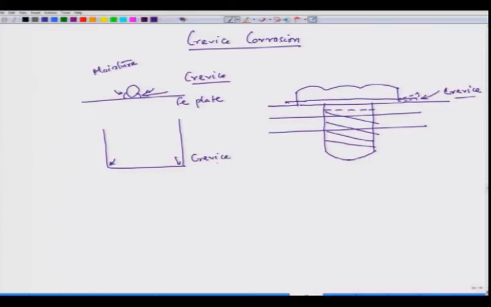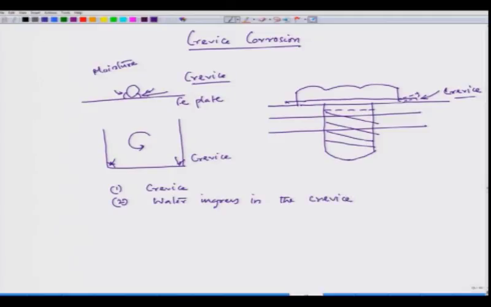Even if there is turbulence in the water storage, this corner region will be nearly stagnant. So, this is also a crevice. Now, we have been talking about two things: one is the crevice, and second is water ingress in the crevice.